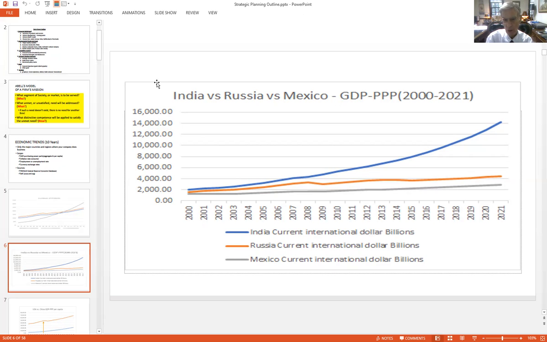Now that's rather interesting because what it means is that the US will not have the largest economy in the world by far. Indeed, it'll be smaller than the economies of both China and India.